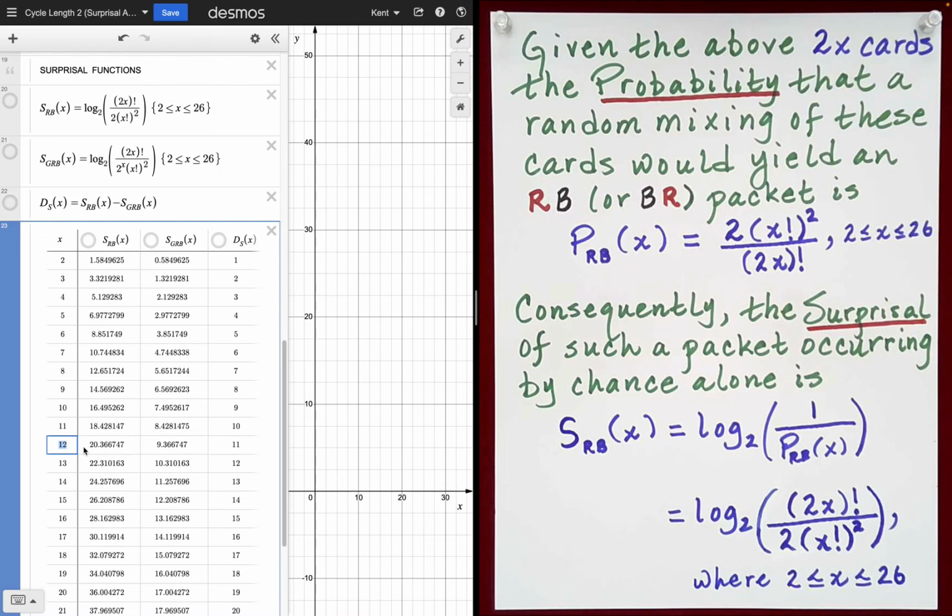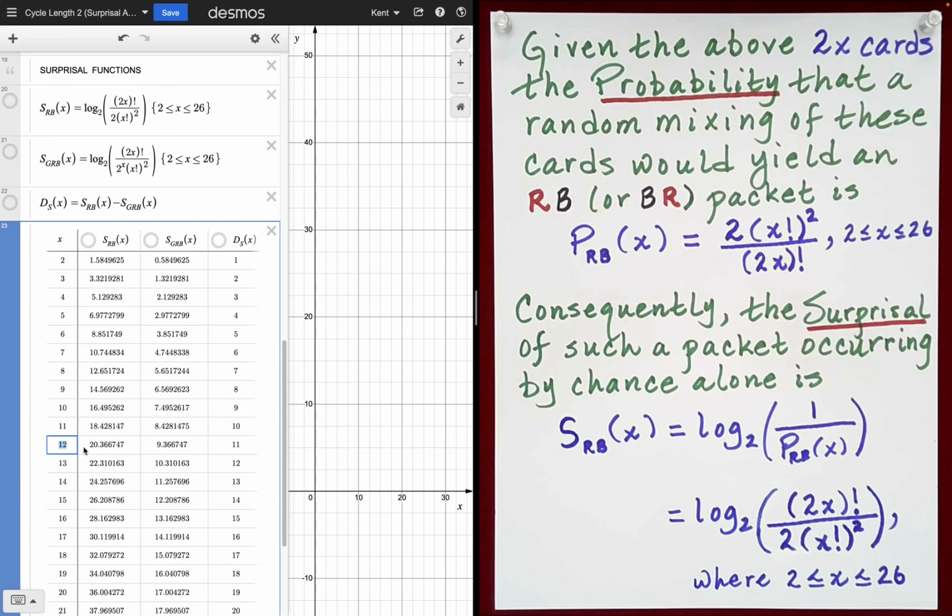How do we interpret 20 bits? 20 bits is the same level of surprise associated with tossing 20 fair coins high up into the air and calling heads for all of them, and then watching those coins hit the table and bounce and eventually settle down, and all 20 coins are heads up.